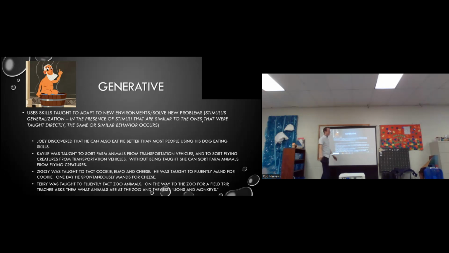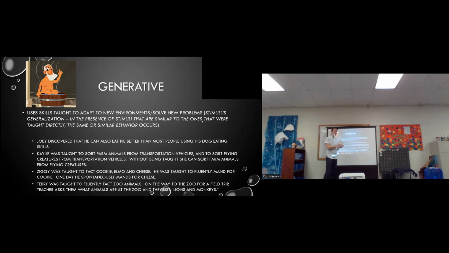So generative means that we got a whole comedy show going on here, and I'm striking out on a few, but hitting some others. So generative is to me the most exciting. You're almost never going to get generative skills out of just having accuracy. So generative means that you taught them something, right?